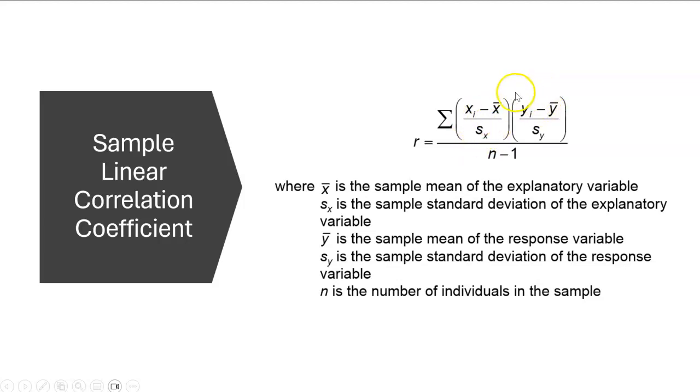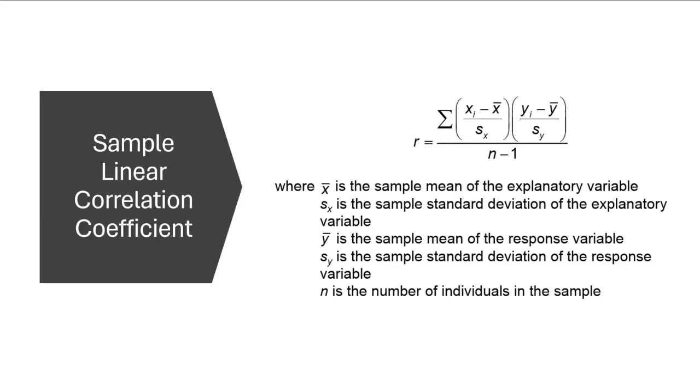And you do that for each variable because remember this time you have two variables. You have a set of x's and a set of y's. So you'll do that for each variable. You'll multiply those, take the sum of all of that and divide it by n minus 1, where n is your sample size, okay?